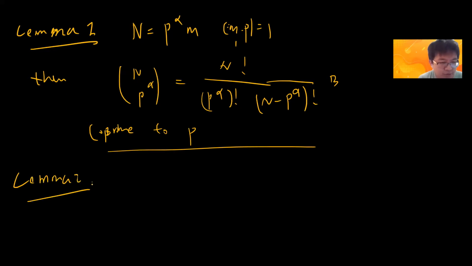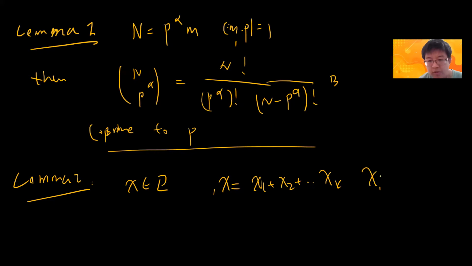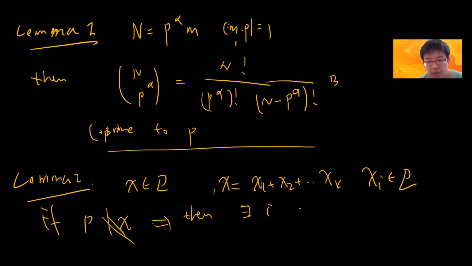Lemma 2 is also simple. Suppose you get some integer x, and you write x as the sum of different integers, x1 plus x2 up to xk, where each xi is an integer. If a prime number p does not divide x, then there exists i such that p does not divide xi.